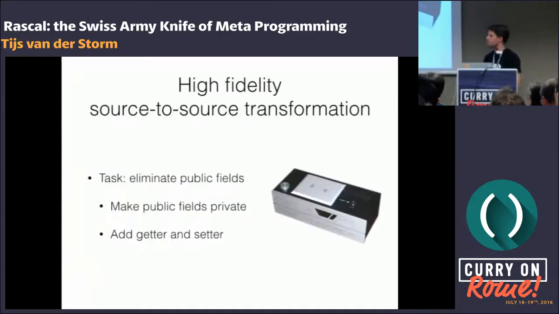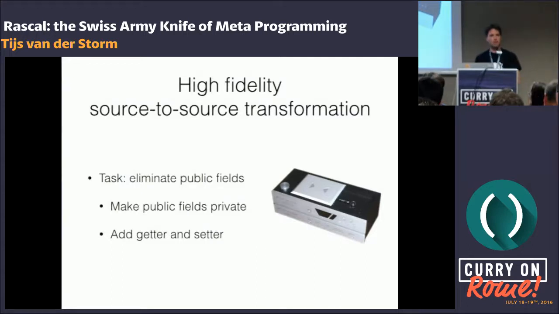Okay, so this was sort of easy, and you could say, well, these false positives of grep, that's good enough for me. Let's make it a little harder. Let's say we're going to do high fidelity source to source transformation, and high fidelity means that we want to preserve as much of the source code layout and shape as possible.